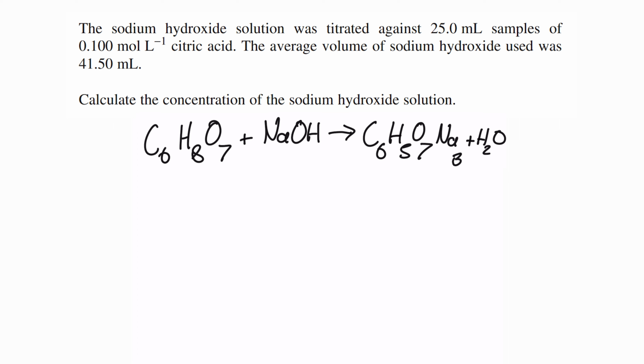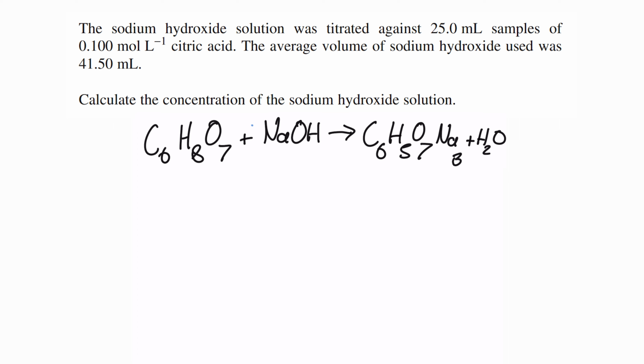The reason there were 3 sodium ions which transferred to the citric acid molecule is because citric acid is triprotic. What that means is that it's able to donate 3 hydrogen ions as an acid. So therefore, they swap 3 hydrogen ions for 3 sodium ions.